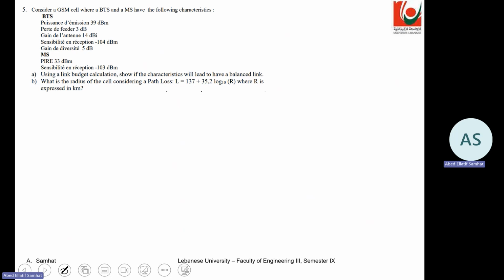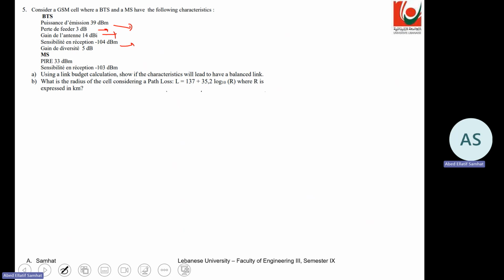Let's move to exercise 5. Here we are doing a link budget. Consider the GSM system where we have a BTS and the mobile station. We have the following characteristics. For the BTS, the transmission power is 39 dBm, 3 dB feeder loss, antenna gain 14 dB, the reception sensitivity is minus 104 dBm, and the diversity is at the reception.